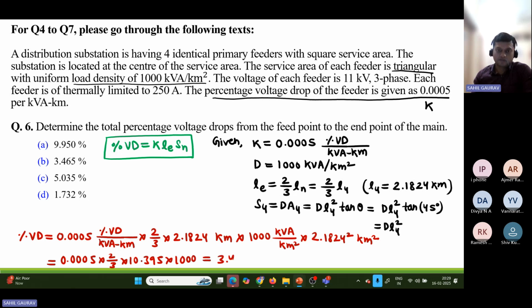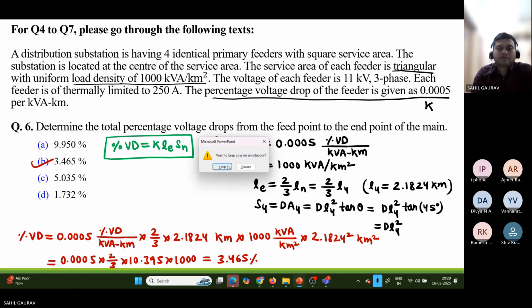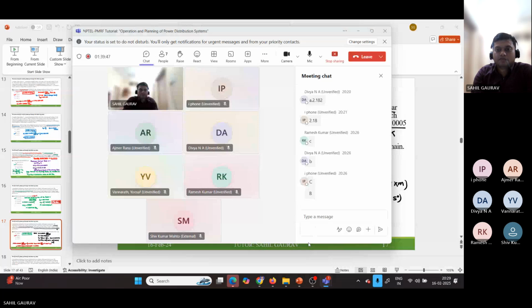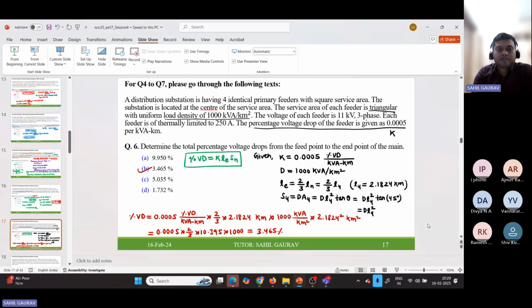So it will be 3.465%. So the correct answer is B. Yes, B is the correct answer.